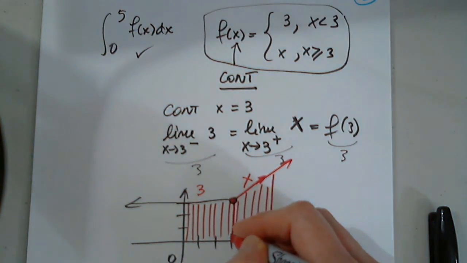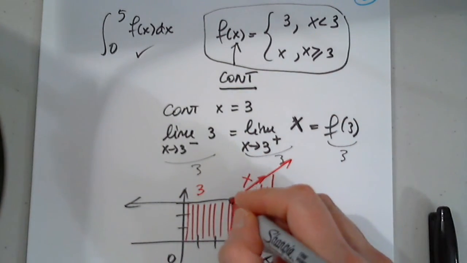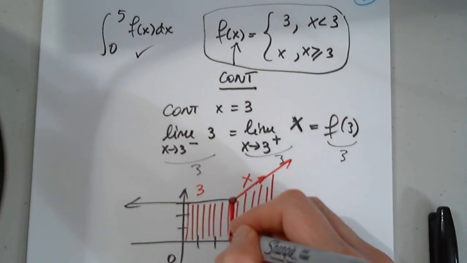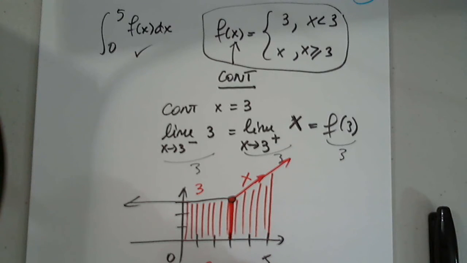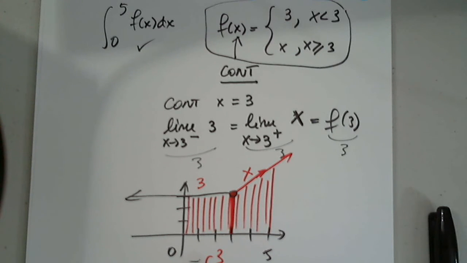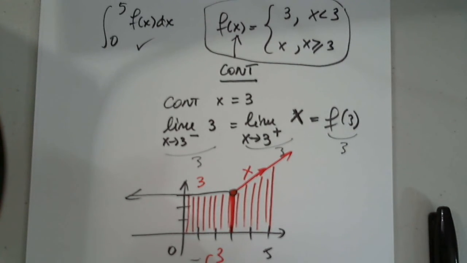And first of all, the function is continuous, but it doesn't matter in here because the integral from 3 to 3 of f of x dx is 0. Right? From 3 to 3? Yes, because there is no width.